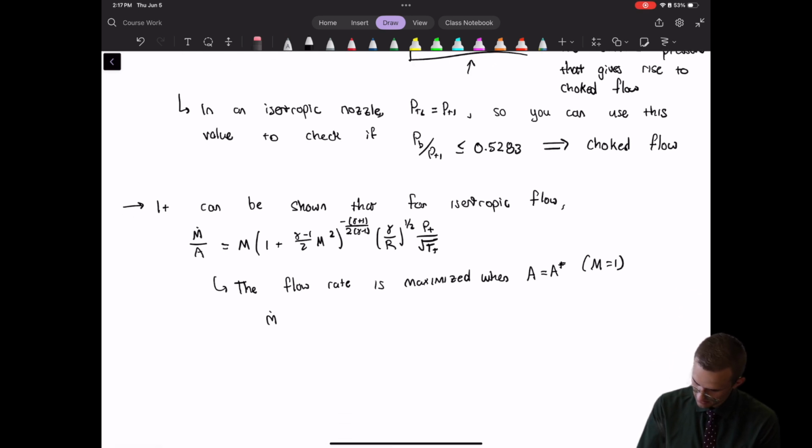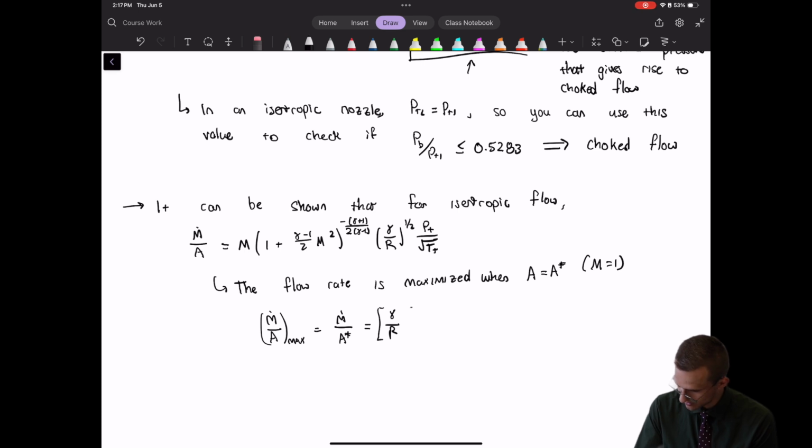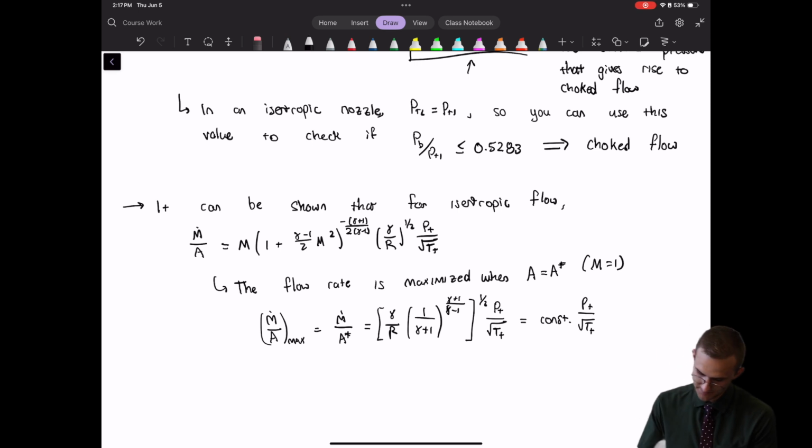M dot over A max is equal to m dot over A star, which is equal to gamma over R times the quantity 1 over gamma plus 1 raised to the power gamma plus 1 over gamma minus 1, that whole thing raised to the 1/2 power, times Pt over the square root of Tt, which, to boil it down, is some constant times Pt over the square root of Tt, right?